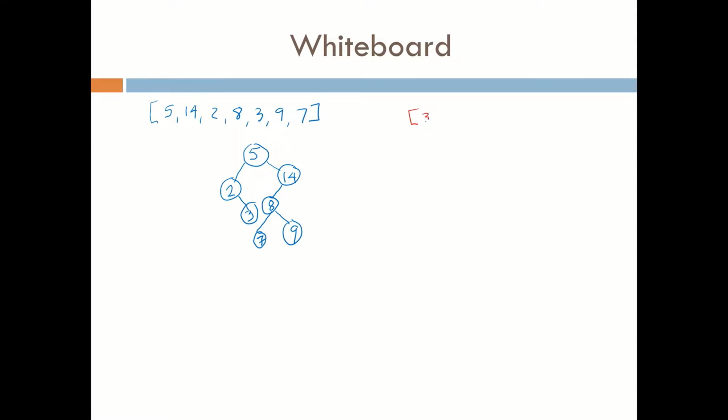I'm going to pick 3 first, and then 7, and then 14, and then 5, followed by 2, followed by 9. And what am I missing? I'm missing the 8.